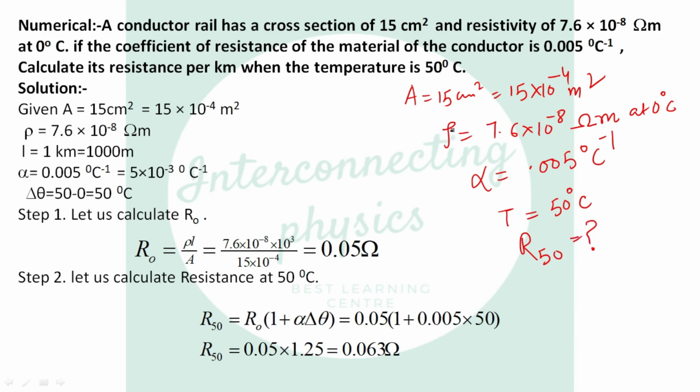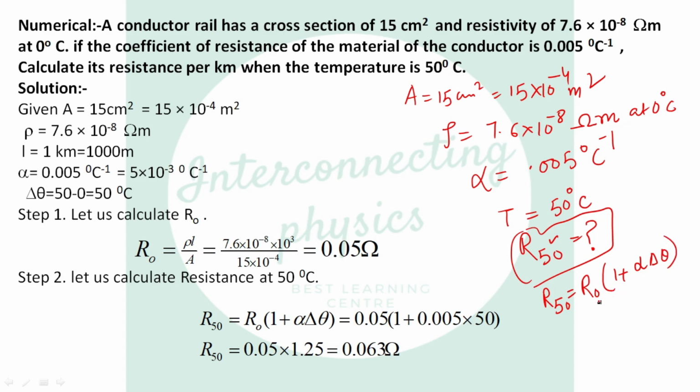Now we are given A, rho, alpha, T and we have to calculate R50. So let us solve this type of question. R50 will be equal to R0(1 + alpha delta theta).